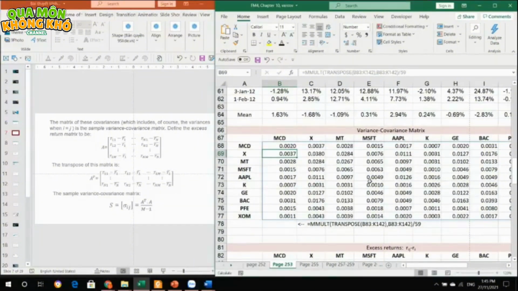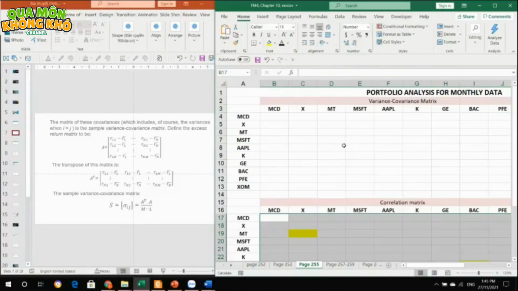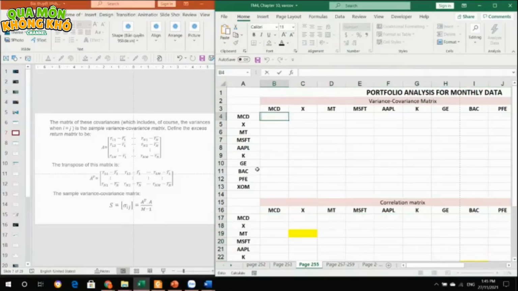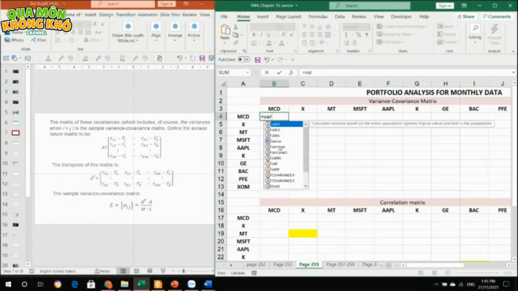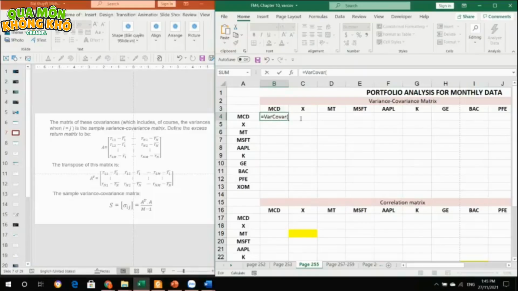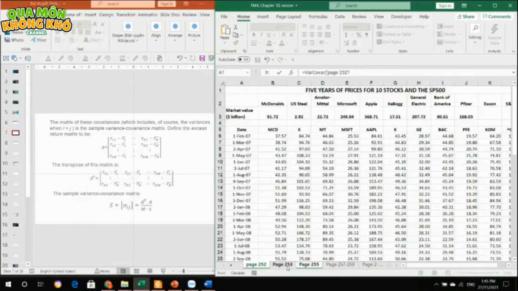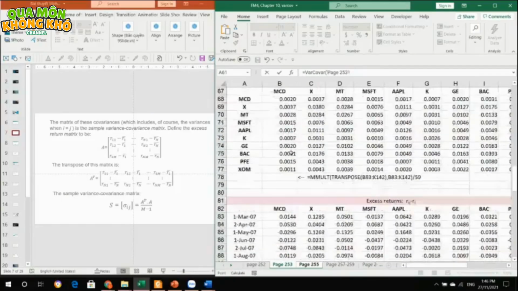This calculation is quite complicated, so we have an easier way to calculate the variance and covariance matrix using the function var. This is the variance and covariance matrix, and we just check the data return from here.